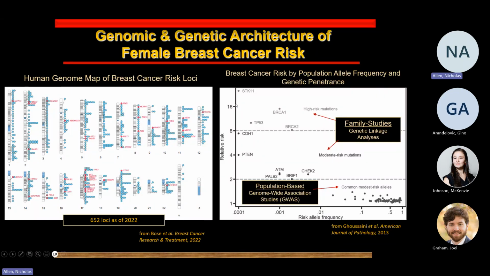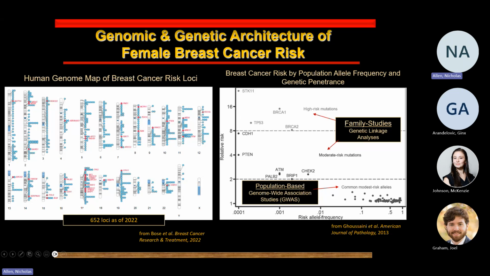As you go up, the variant becomes more genetically penetrant, so higher risk, and lower risk down here to inheriting a variant. And you can see this is 1% population frequency.